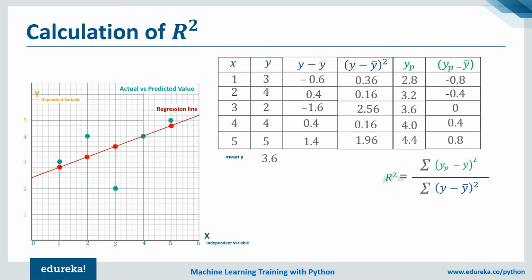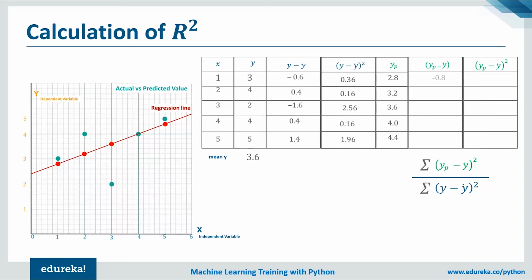So we calculated the value of y predicted minus y bar. Now it's our turn to calculate (y predicted minus y bar) whole square. We have minus 0.8 square as 0.64, minus 0.4 square as 0.16, 0 square is 0, 0.4 square is again 0.16, and 0.8 square is 0.64.